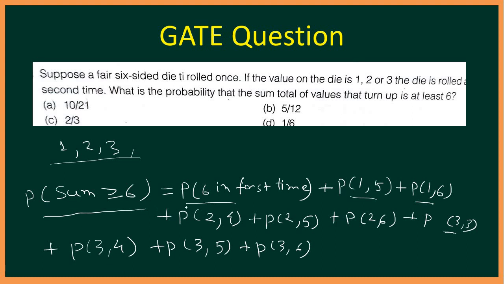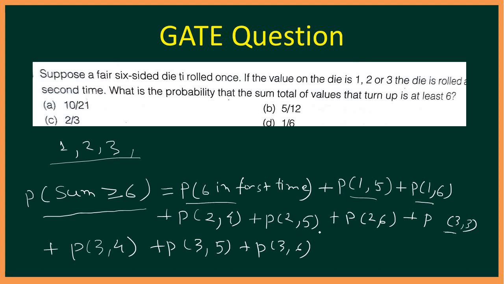Here, when I say or, it means we will add all these probabilities: we get 6 in the first time, or 1 in the first time and 5 in the second time, and so on.